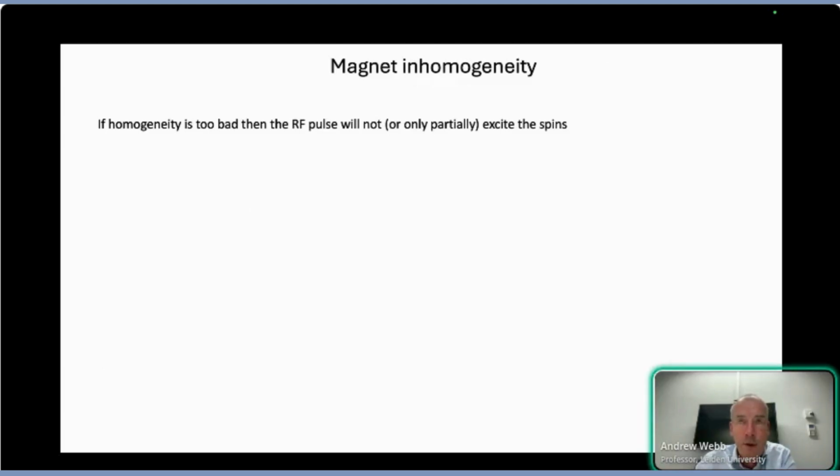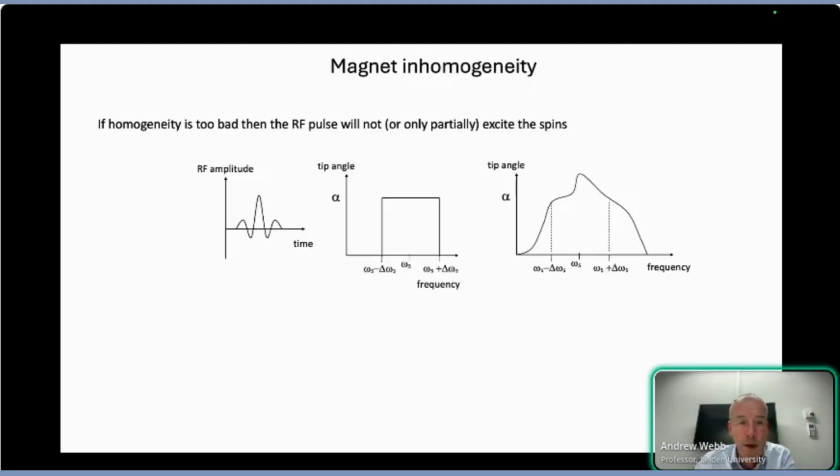Well, if the homogeneity is really bad, then simply we will not be able to excite the spins over the entire brain. We have a certain RF amplitude and pulse length, and typically that will have a certain frequency excitation bandwidth. Even if we make the pulse very short, that bandwidth may not be enough to cover that delta B0, that delta F that comes from the delta B0.